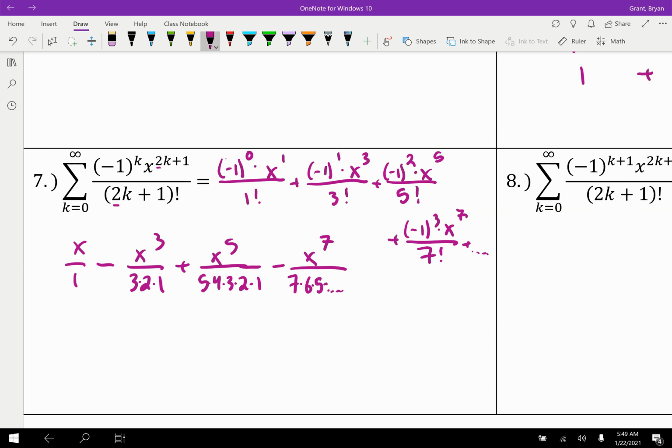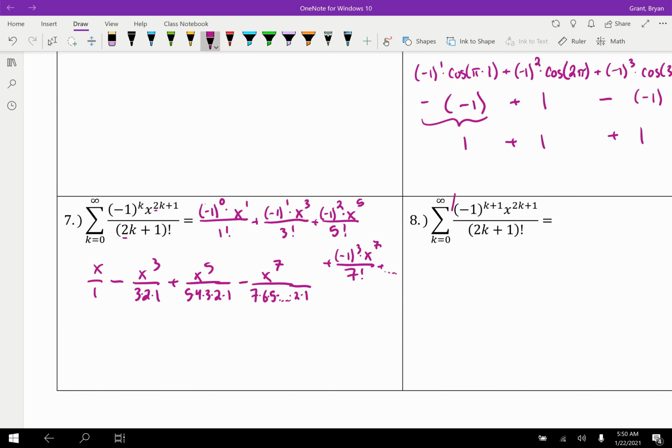I'm going to be very lazy here. There we go. The last one you're going to find is the exact same thing, right? There's no difference in these two. The only difference is in this. What's that going to do? Well, if you substitute 0 in for the first one, you'll get negative 1 to the first power. Over here we had negative 1 to the 0th power. To the first power is going to make the first term negative.